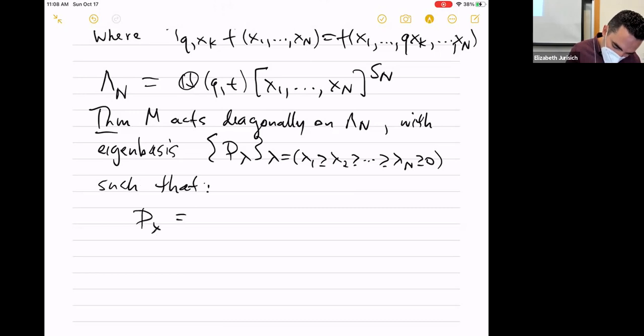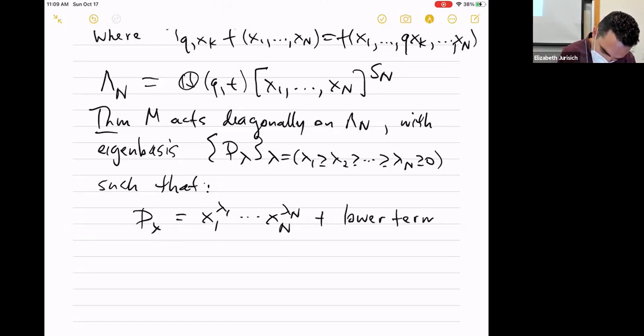P_lambda is x_1 to the lambda_1 and so on. It has this leading term with respect to monomials. So just the monomial built from lambda, and then its orbit under the symmetric group. You have all those terms. And then you have some lower terms with respect to a partial order called dominance order on partitions.